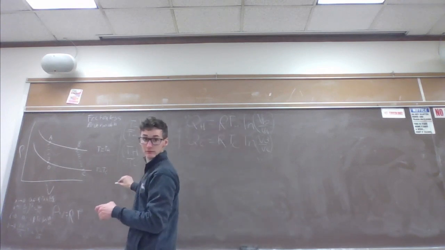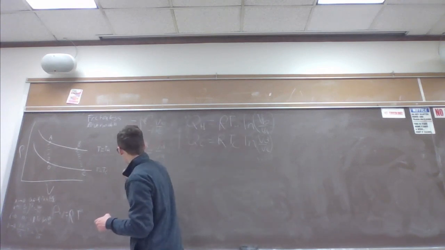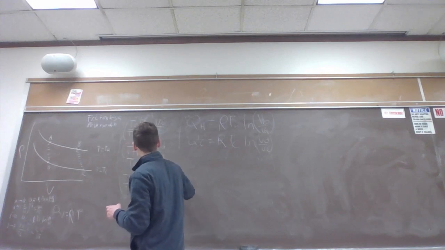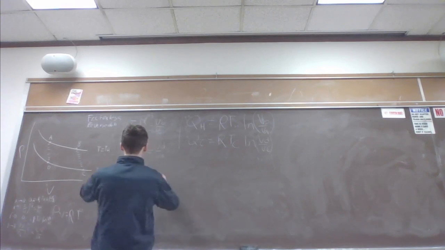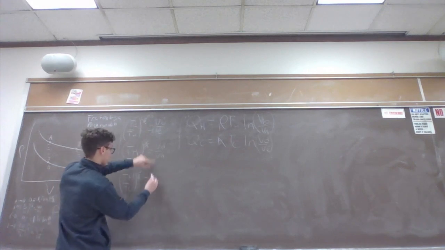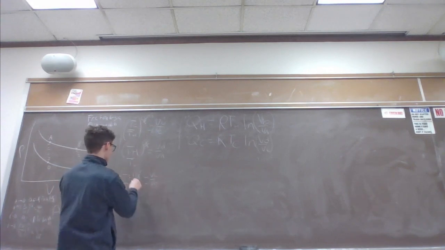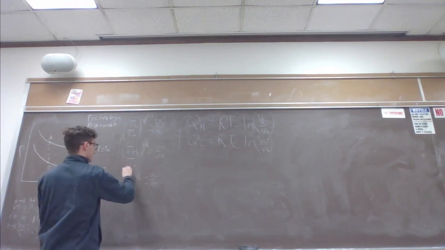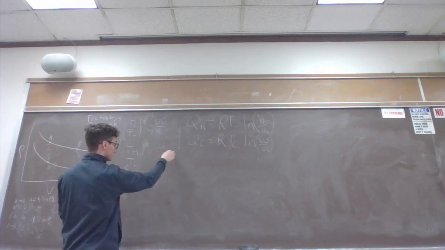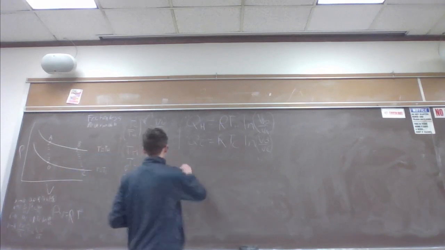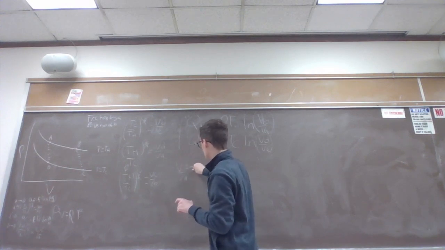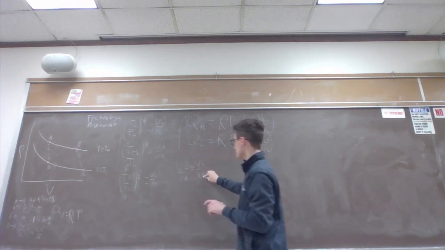So what happens if we did TH over TC to the Cv over R? That would equal VC over VB, as all we did was flip the inside, which means we would flip the outside. And if you notice, TH over TC to the Cv over R is the exact same thing as what we have up here. However, that equals VD over VA. So what we can write is VD over VA equals VC over VB.